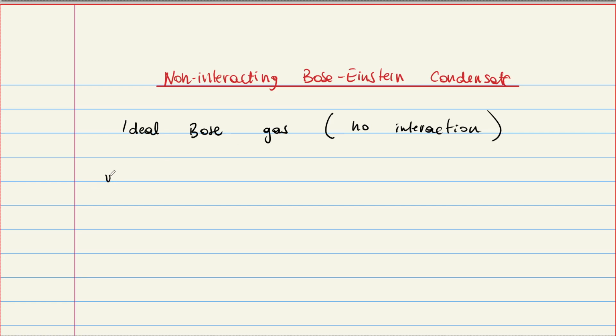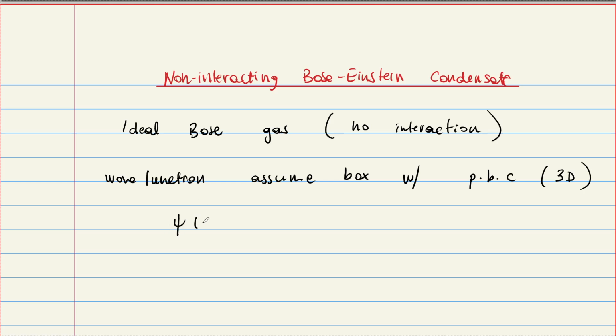And what we need is the wave function. For that, I am going to assume a box with periodic boundary conditions. And let's take 3D. You can think about 2D and 1D as homework if you want.